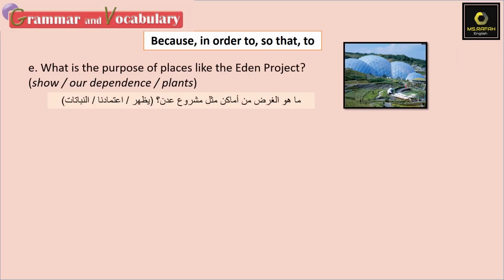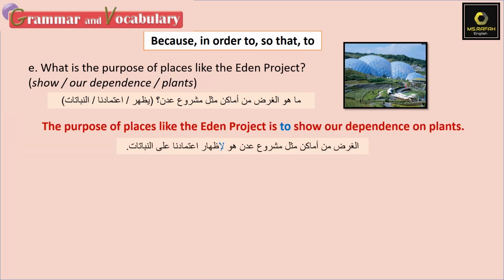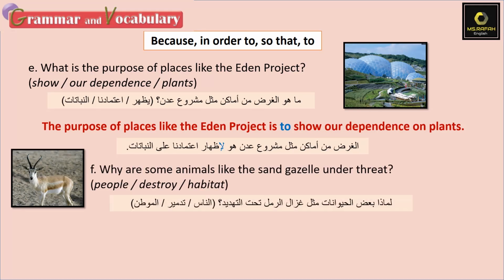What is the purpose of places like the Eden Project? The purpose of places like the Eden Project is to show our dependence on plants. Why are some animals like the sand gazelle under threat?